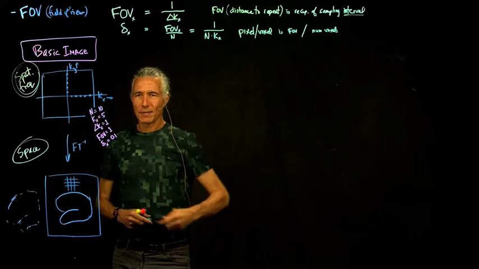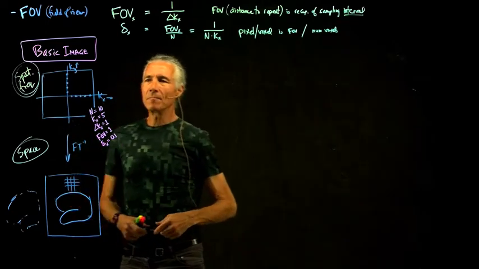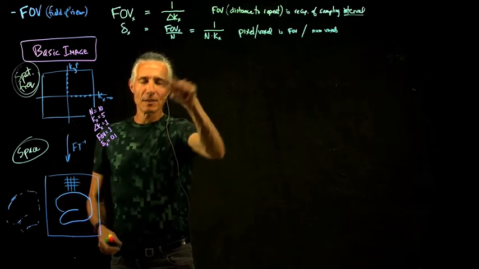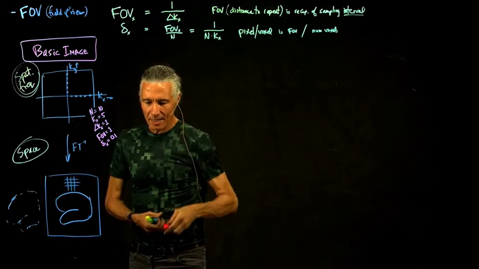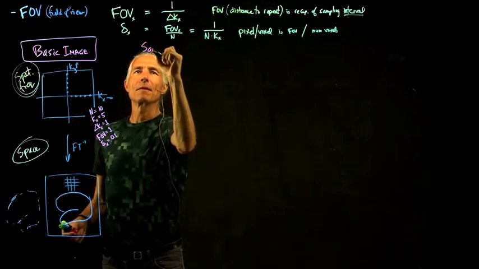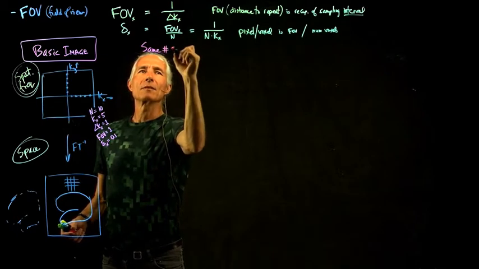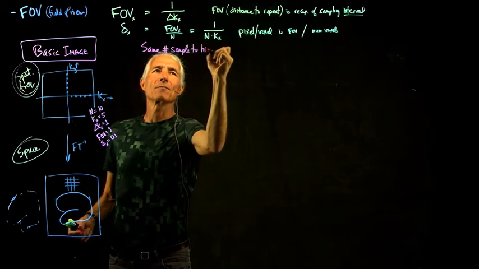So now let's start messing around with it. There are a lot of variables here. The first thing to try is the same number of samples spread to a higher spatial frequency.